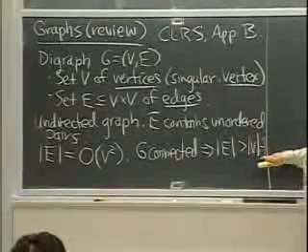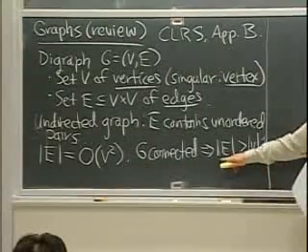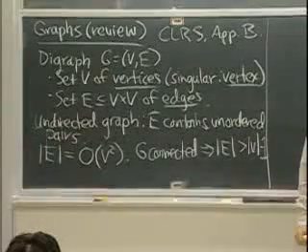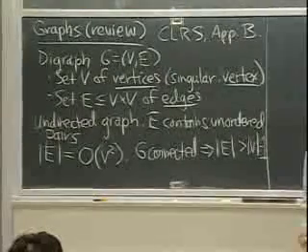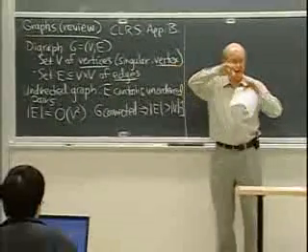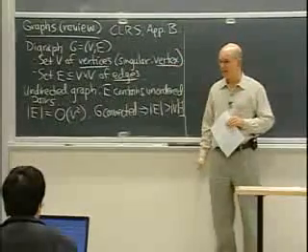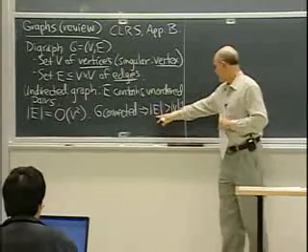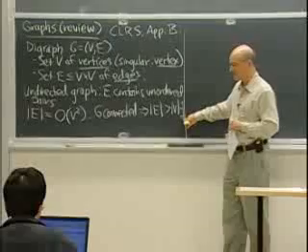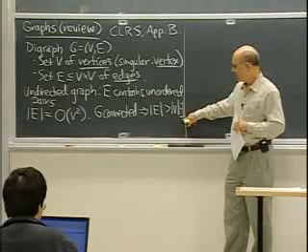So if it's connected, what does it mean to have a graph that's connected? Yeah, there's a path from any vertex to any other vertex in the graph. That's what it means to be connected. If that's the case, then the number of edges is at least the number of vertices minus 1.